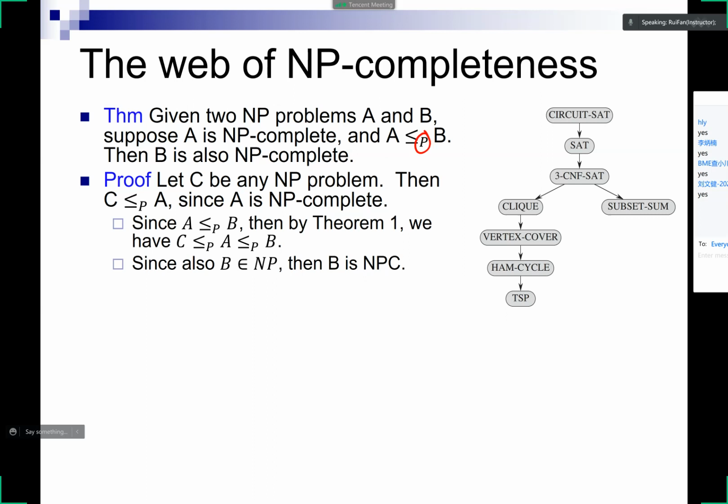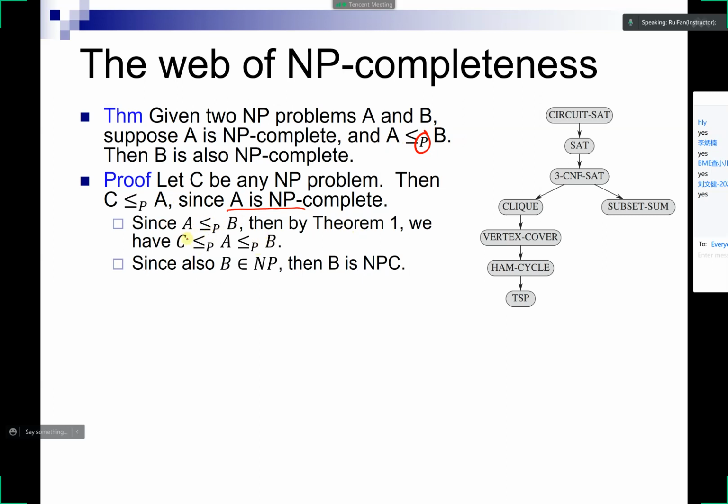So what we have is that if you have any other problem C, where C can be any NP problem, then because A is NP complete, C will reduce in poly time to A. And because A reduces to B in polynomial time, because this is our assumption, then we can use the previous theorem about composing these polytime reductions.